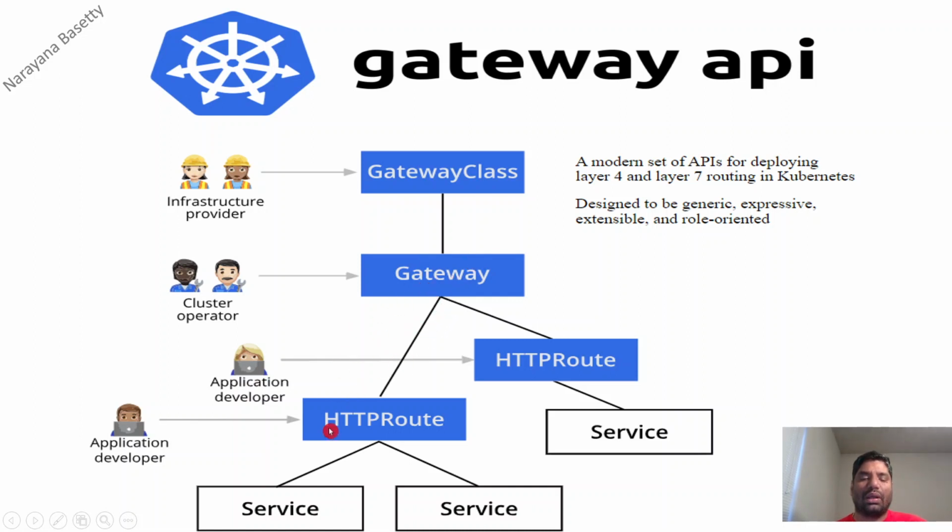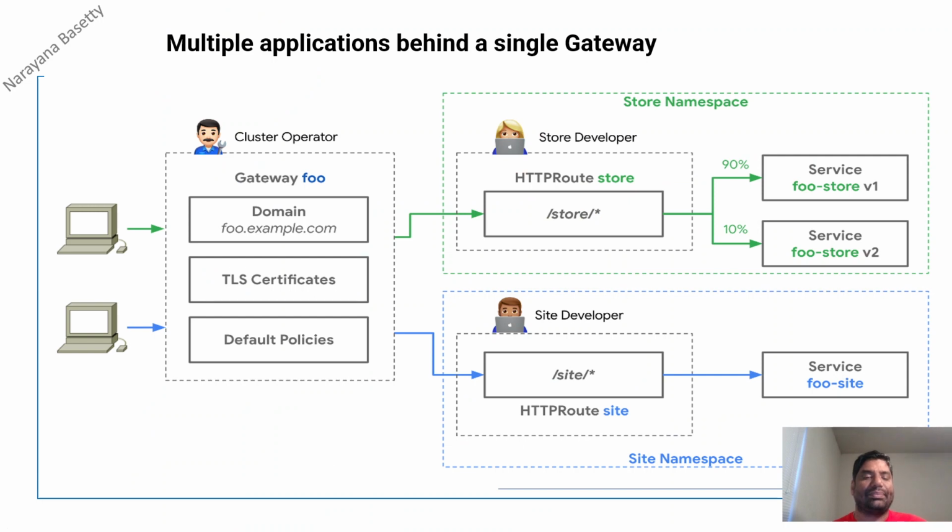So I can route my request to the respective HTTP routes. This is layer 4 and layer 7. You need to study those things as well. So this is the ideal architecture with respect to the Kubernetes gateway, which they were telling.